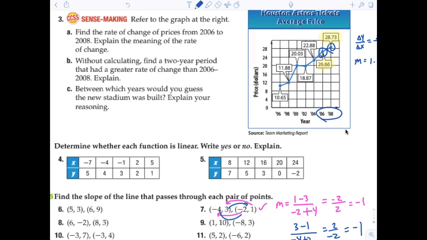What are you thinking? 1998. Yeah, 1998. Now, do you agree that a stadium wouldn't be built overnight, right? So it's going to take probably a couple of years, right? So now think about it again. What years? 1996. 96 to 98.